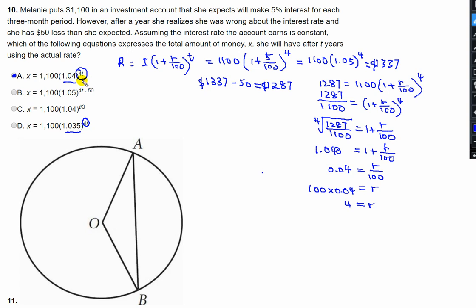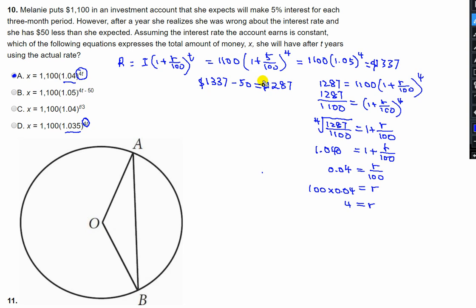So what you do, if you take this, you use 1.04, you substitute T equal to 1, 4 times T, you already converted into per quarter. Work out this value with T equal to 1, and see which one gives you 1287.